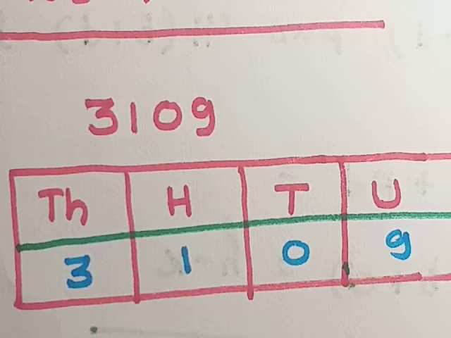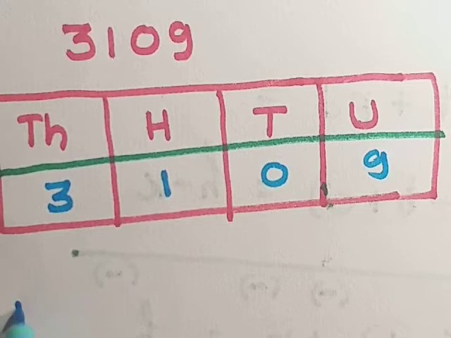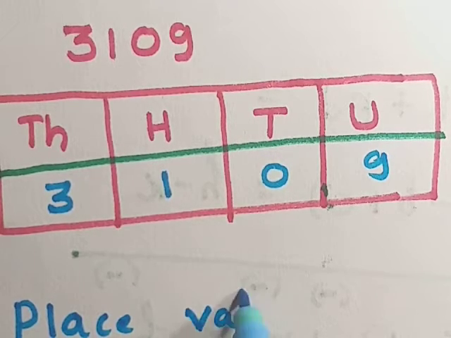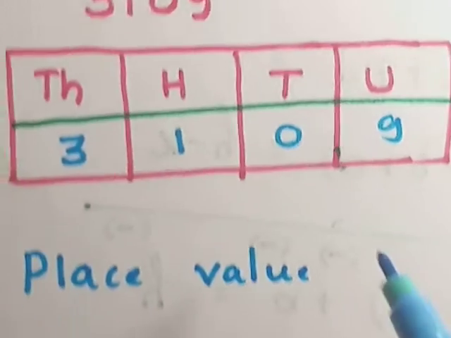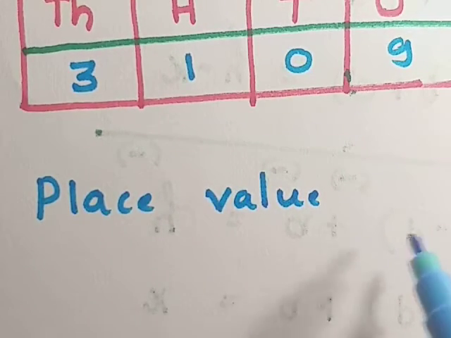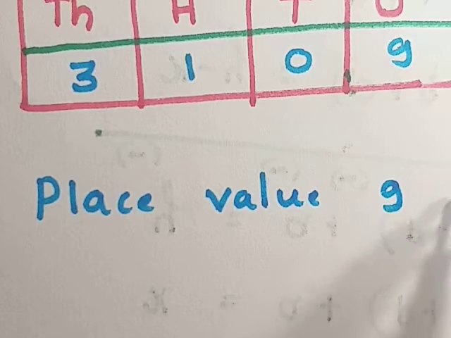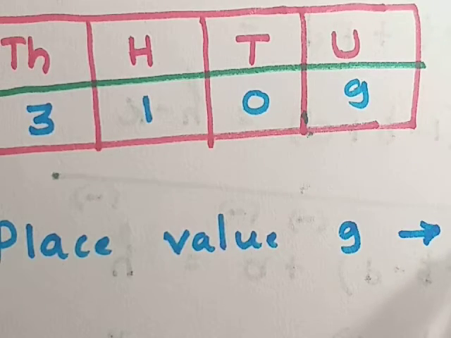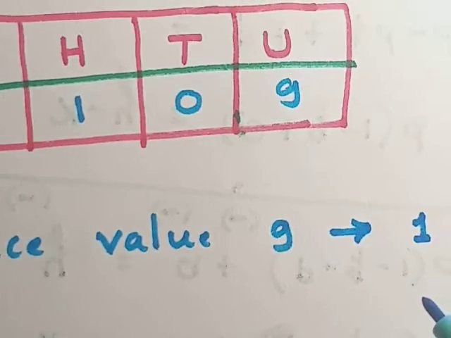Now, what is the place value of 9? This is unit place. Unit means it is 1. Place value of 9 is 1.